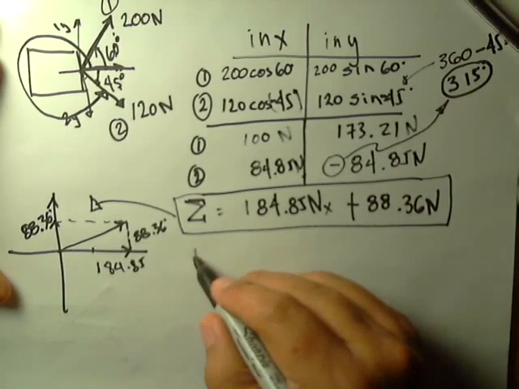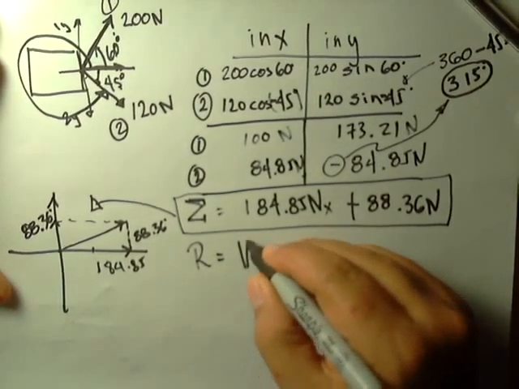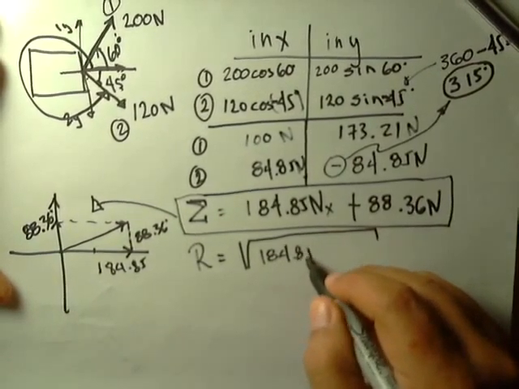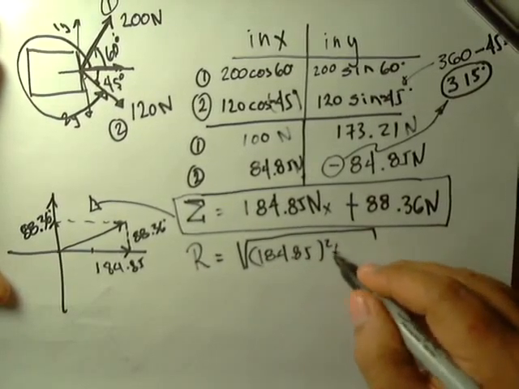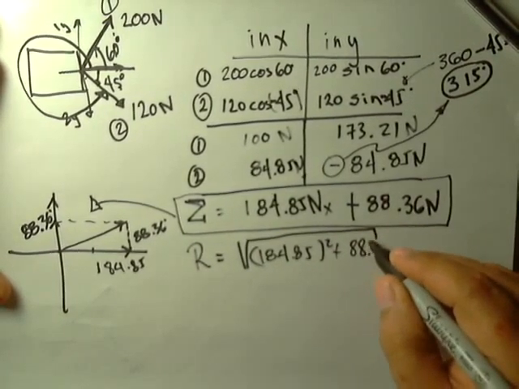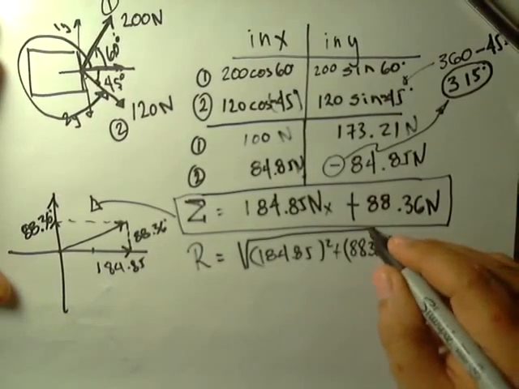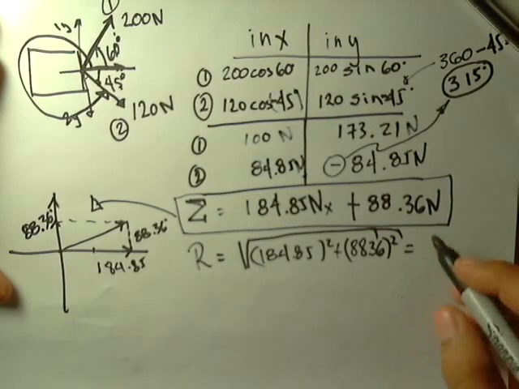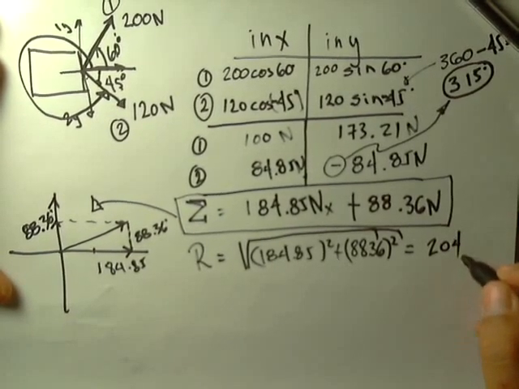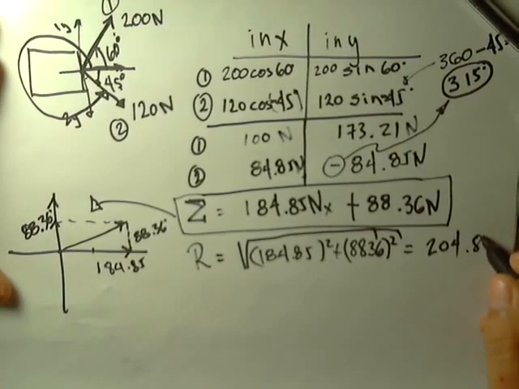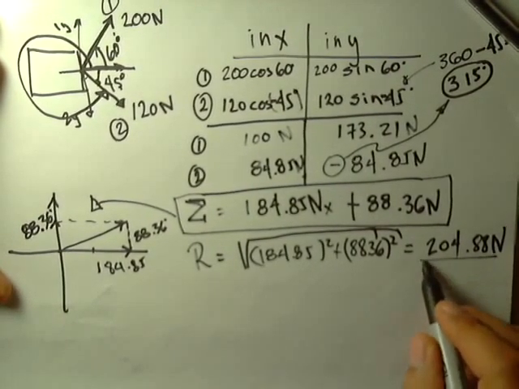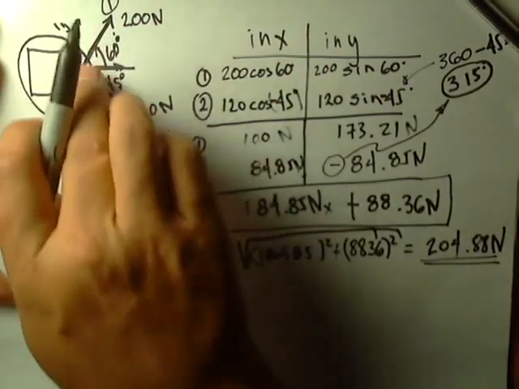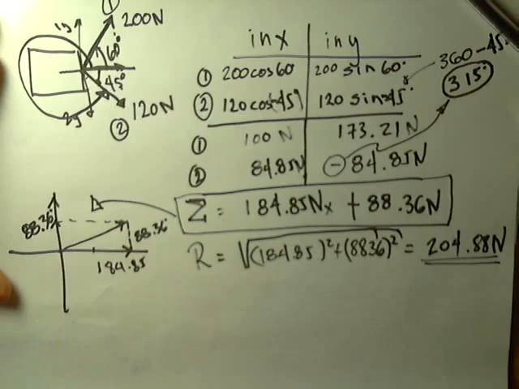So R, let's call R the resultant, is going to be equal to the square root of 184.85 squared plus 88.36 squared. And this calculation will lead us to 204.88 newtons. So this is going to be the magnitude of the addition of these two vectors, and it will be in that direction.